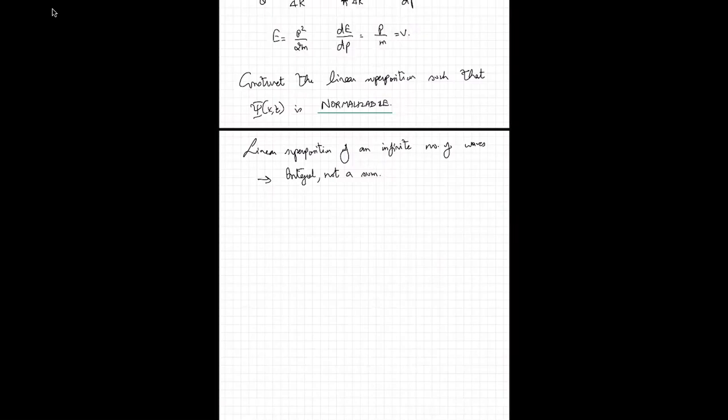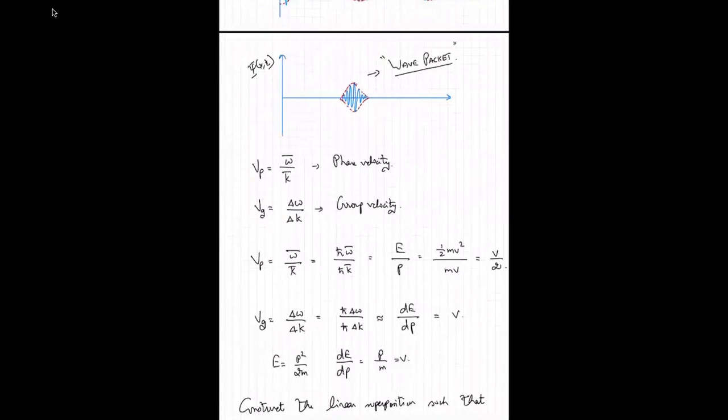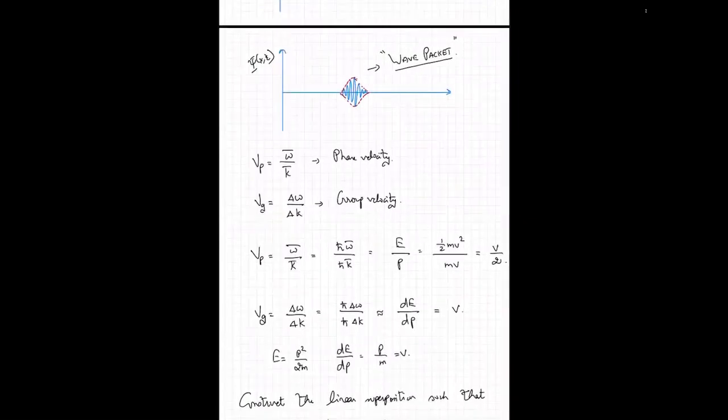They don't reside in the Hilbert space, but we have to construct a linear superposition of these states such that it actually lives in the Hilbert space and is a normalizable solution. We will take up this task in the next lecture, and we'll also talk a little bit about the uncertainty principle as it applies to the linear superposition of waves. Okay, for today I will stop, and please ask me if there are any questions now.